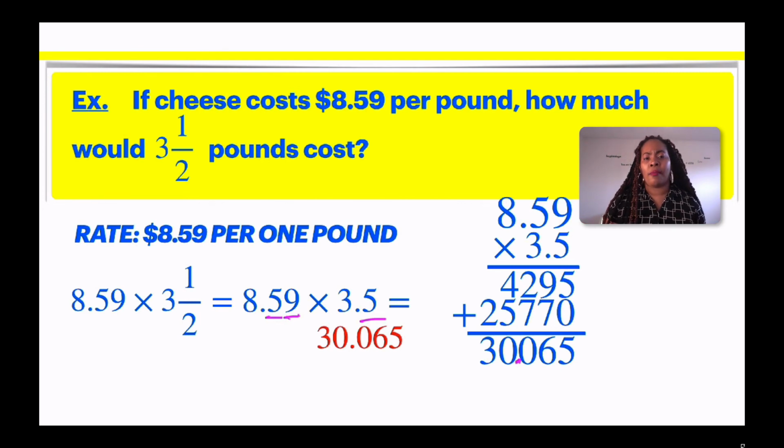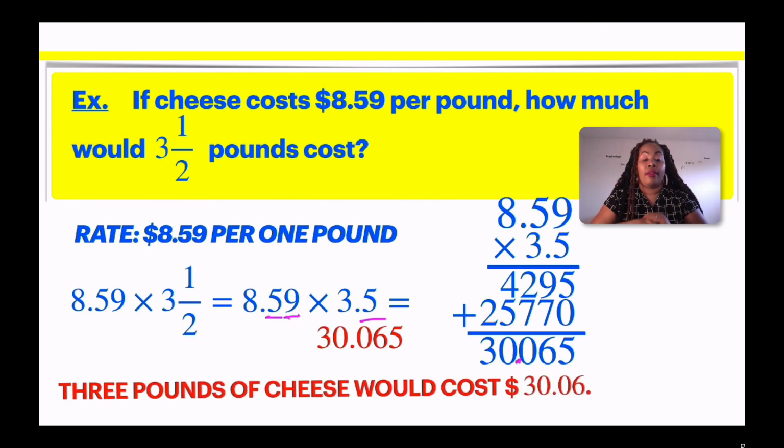Remember though, we're talking about money. And the question was, how much would 3.5 pounds cost? Huh? Do you tell somebody it costs 30 and 65 thousandths cents? No. Usually when we talk about money and in cents, cents is usually like in our hundreds. So we're just gonna keep it in the hundreds for now, okay?